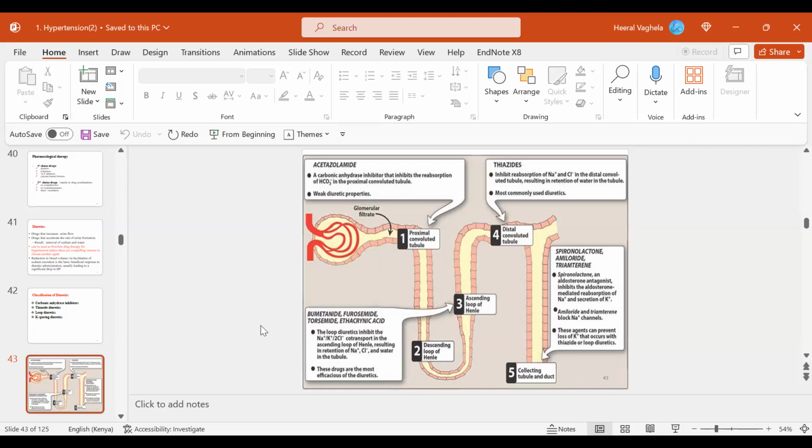So you reserve them for when the creatinine levels are high. Mostly it's the furosemide, also known as Lasix. Then you have the thiazides, like hydrochlorothiazide, which work on the distal convoluted tubules. And you have the K-sparing drugs like spironolactone or eplerenone.